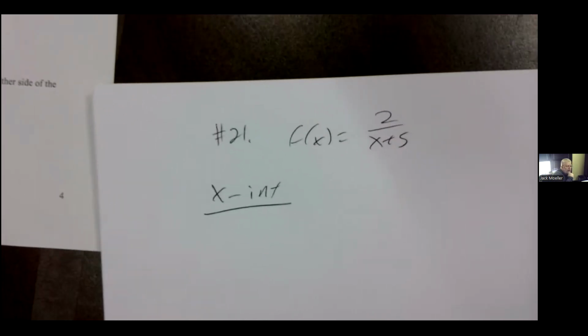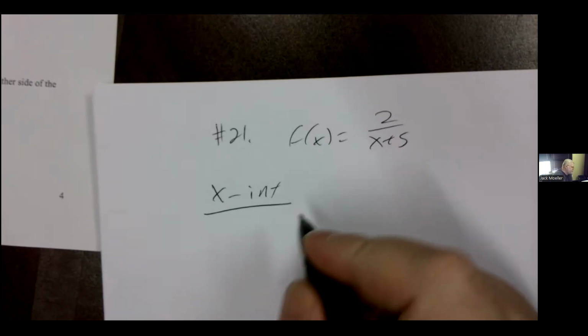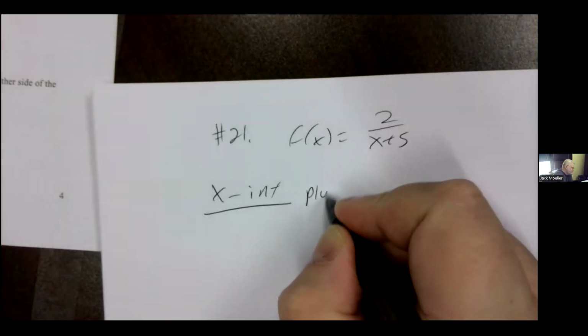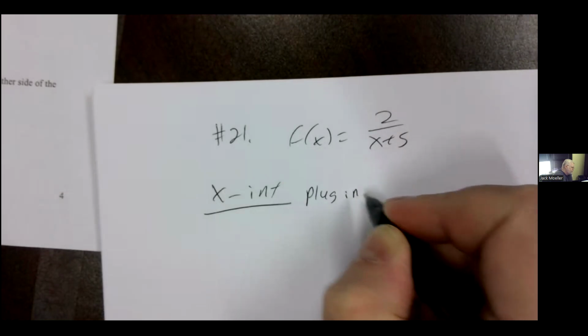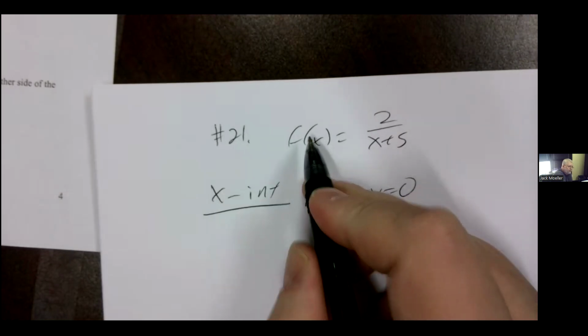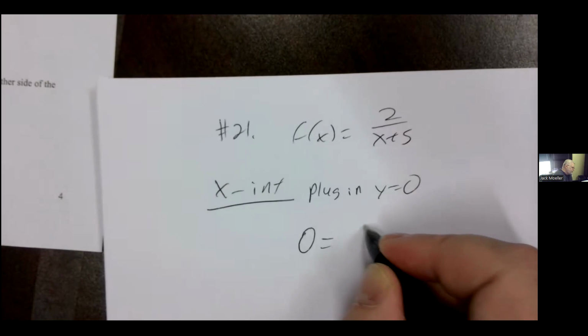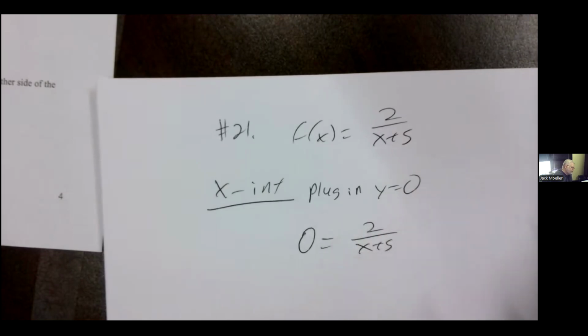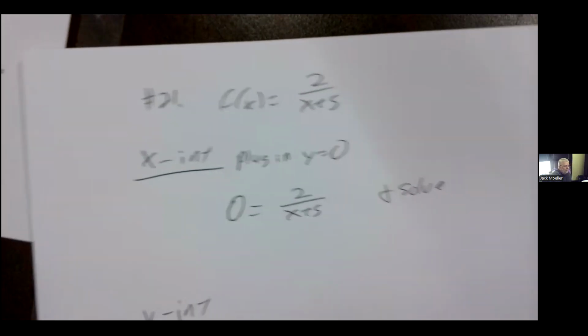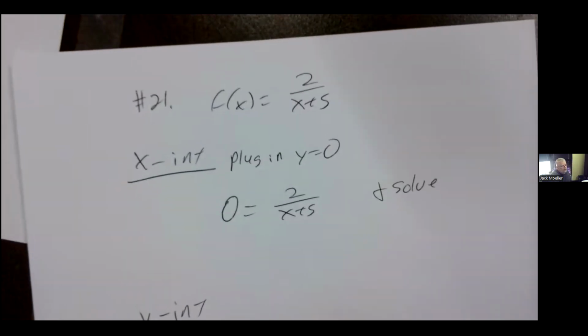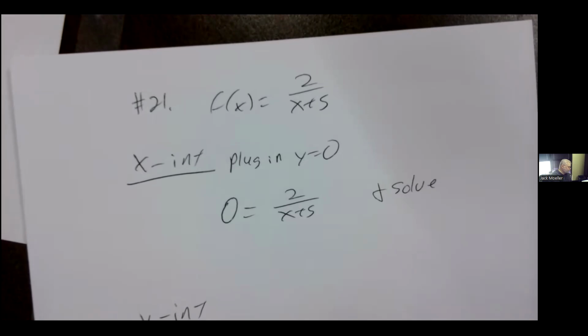Okay, so how do we find any x-intercept? Again, y equals 0, or f of x equals 0. So it would be 0 equals 2 over x plus 5, and now I solve. Good. So how do we solve that equation? Okay.